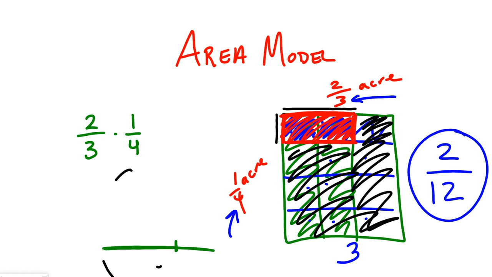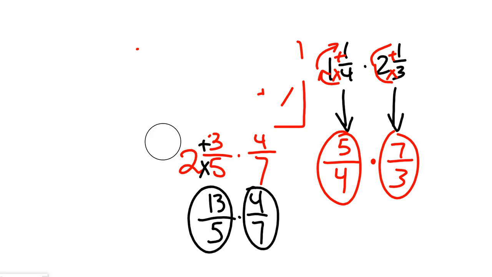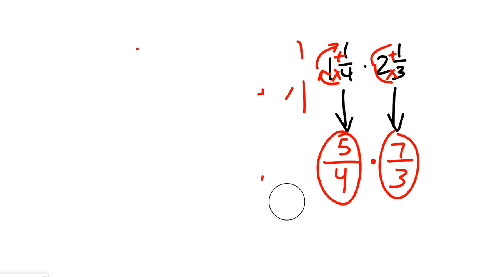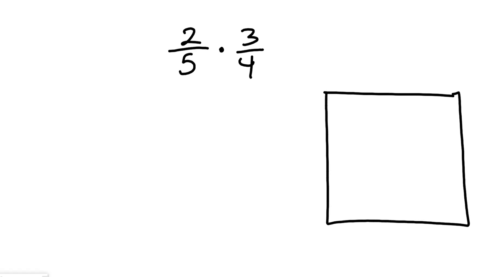Let's do another one. This one we'll do 2/5 by 3/4. So I have a property that is 2/5 of an acre wide and 3/4 of an acre long. 2/5, 3/4.